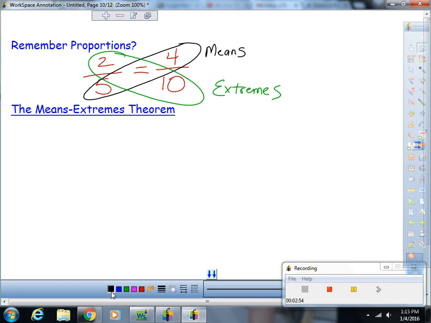Okay? The means extremes theorem says if we have this scenario where A over B is equal to C over D, thank you, Andy, then what? What do you think?